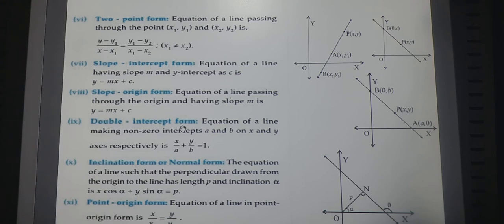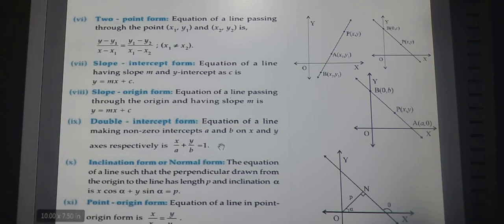Then the double-intercept form. When a line intercepts both axes, the x-axis and y-axis, suppose here this line AB intercepts the x-axis at point A, its coordinates are (a, 0), and intercepts the y-axis at B of (0, b).